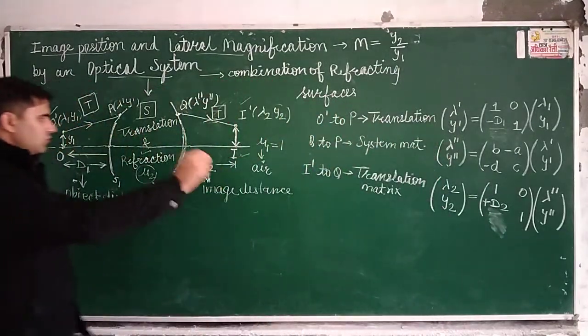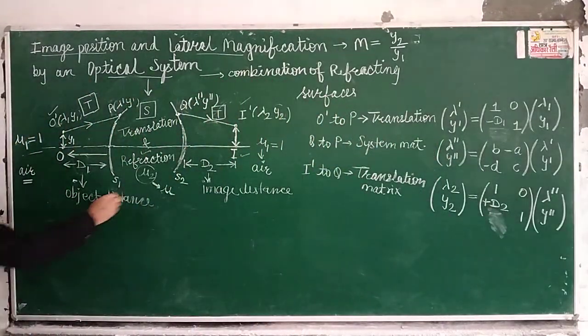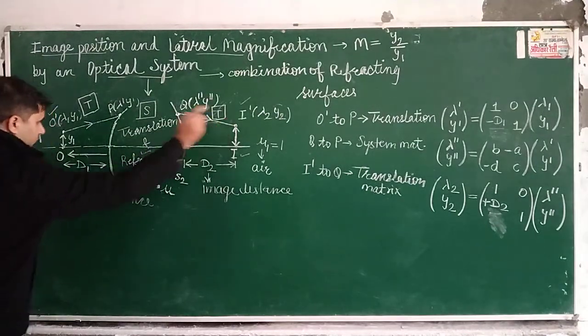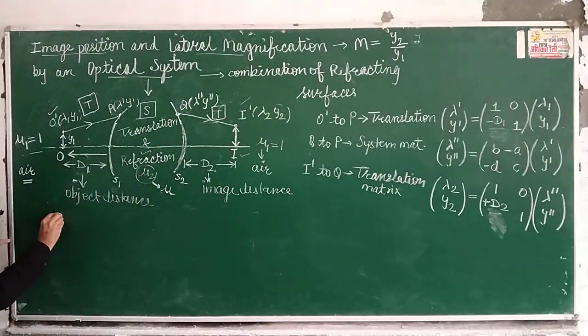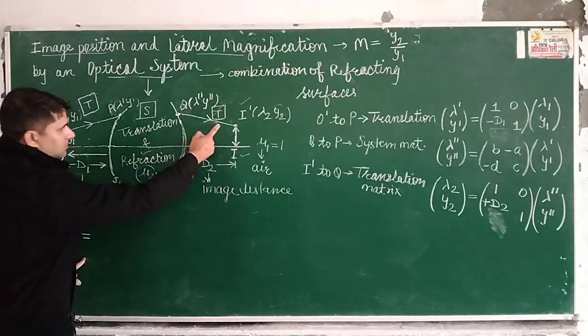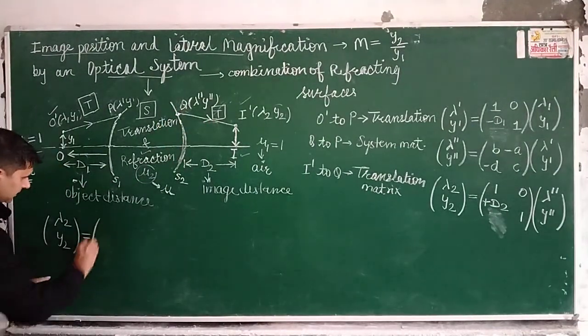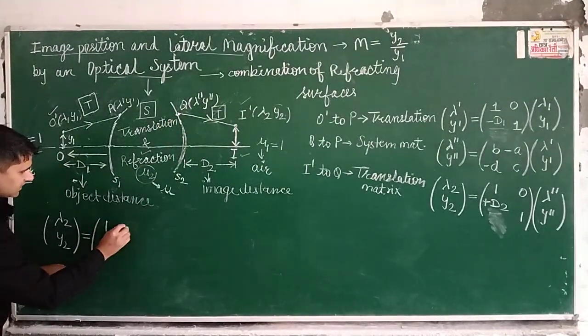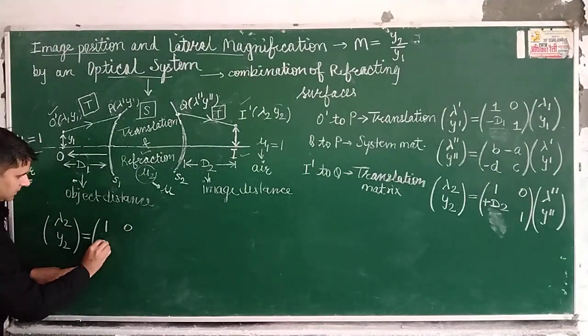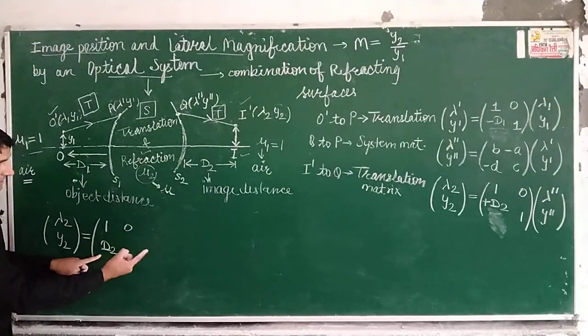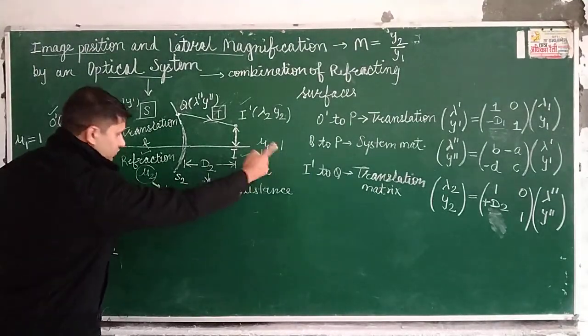Okay, and now we are to connect the coordinates of the image point, which are lambda 2 and y2. This is connected to the coordinates of Q via a translation matrix, and right here the matrix for translation is 1 0, and then the translation is d2, and the refractive index of the air medium, which is 1.